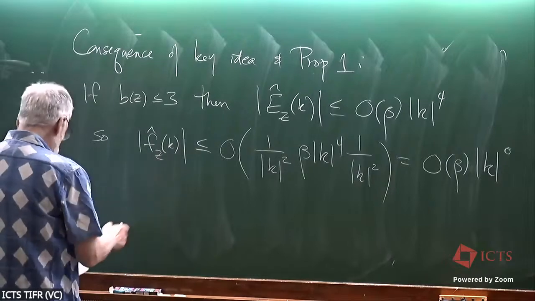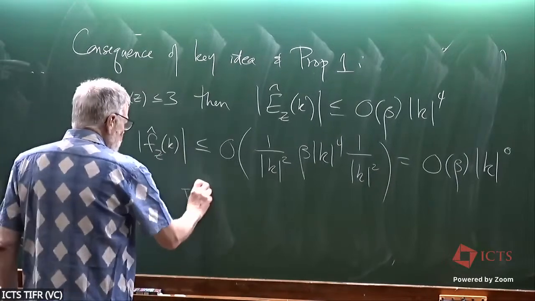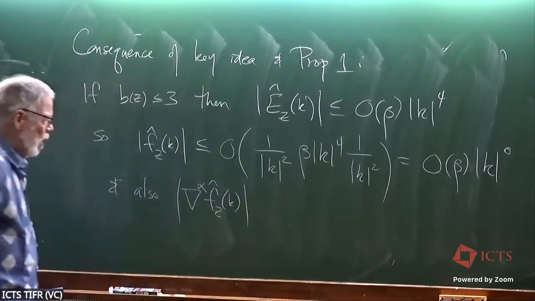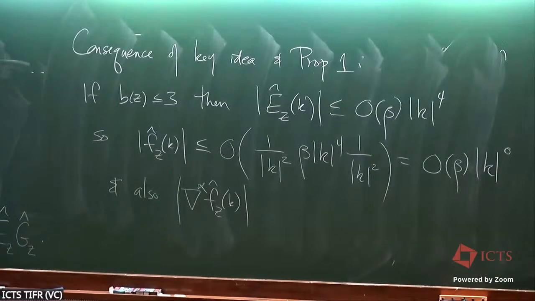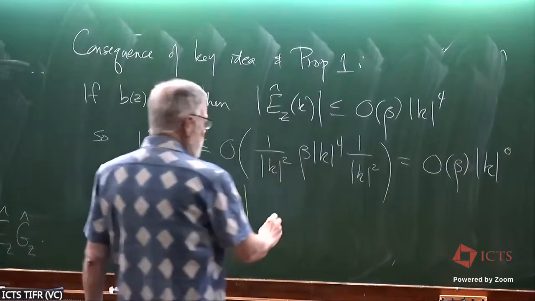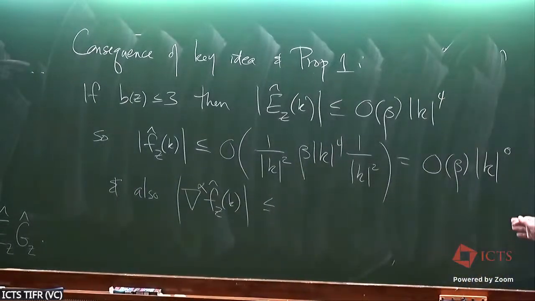In fact, you can take derivatives. So alpha is a multi-index here. I'm taking derivatives with respect to k. And so what happens, I'm not going to go through the details here, is each time you take a derivative, basically you lose a power of k.